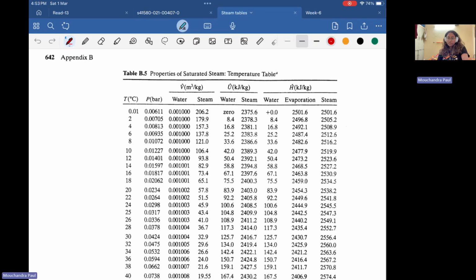And for enthalpy, there is another column called evaporation, which is called heat of evaporation, which is basically the enthalpy of saturated steam minus the enthalpy of saturated water.